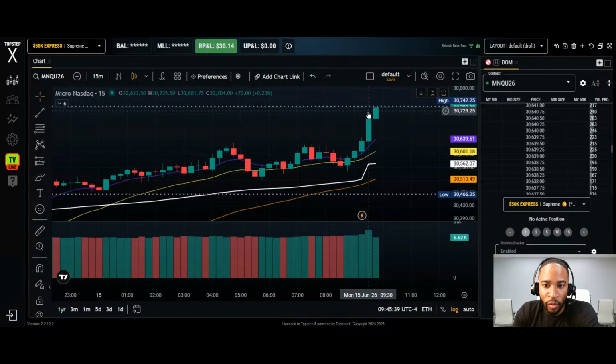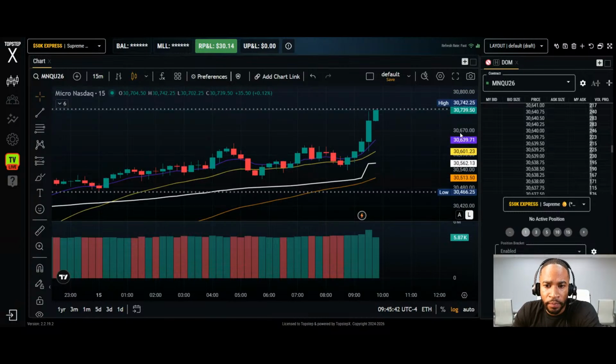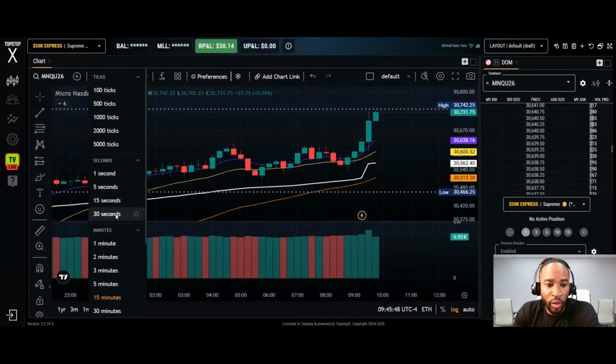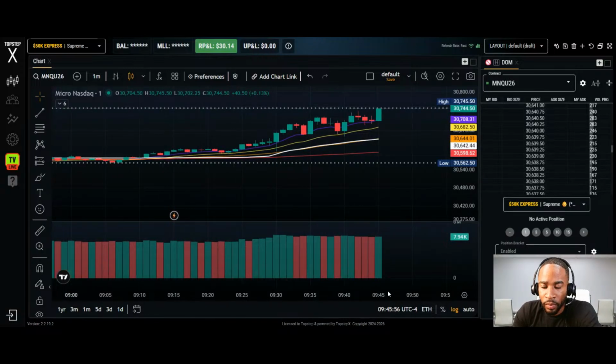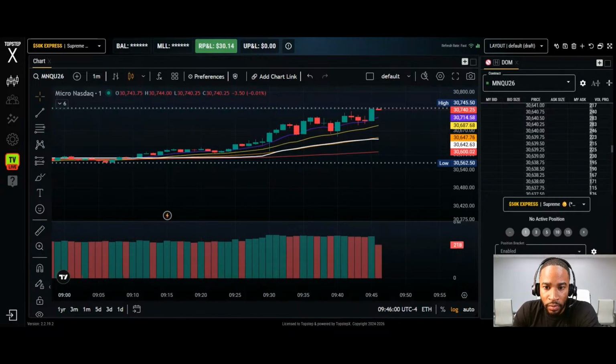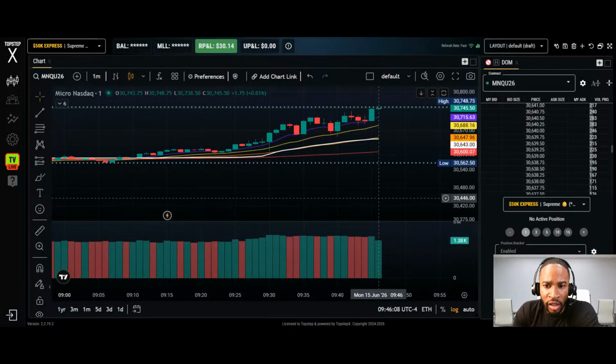We may continue to move higher. We just broke another key level. I may start going short right here in this price zone. I want to see how this 1-minute candle is going to close. This 1-minute candle is about to close in about 2 more seconds. All right, the bulls, they're still in charge.